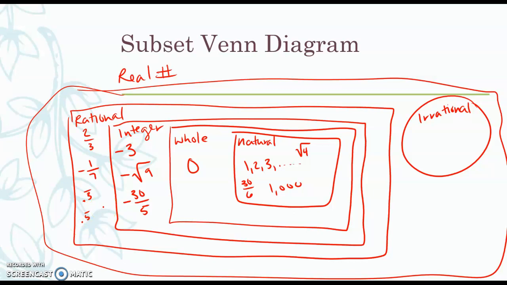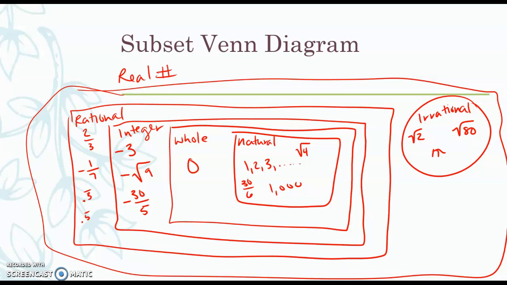Those are all rational because we've got fractions, we've got our repeating and terminating decimals. All right, all numbers are real numbers, and then irrational, that would be like our square root of 2, square root of 80. Pi is an irrational number because the decimal never repeats and never ends.